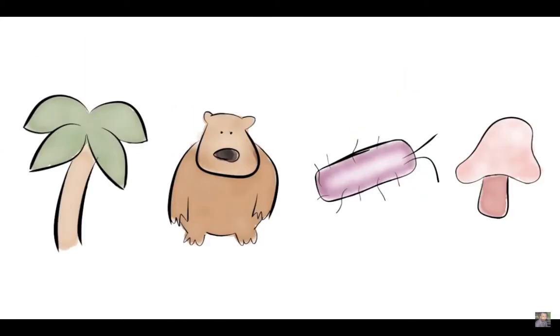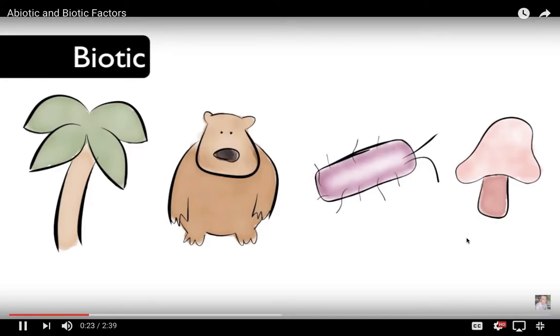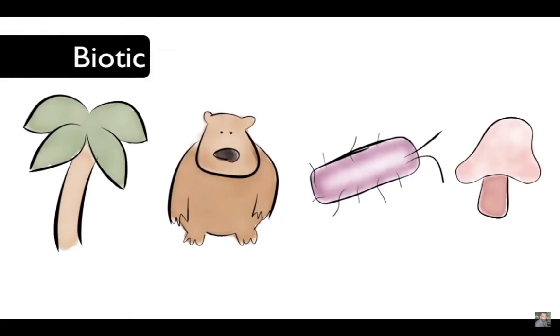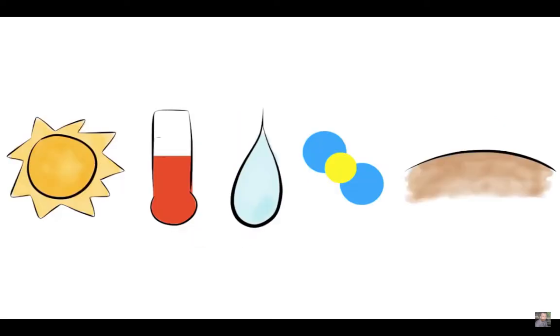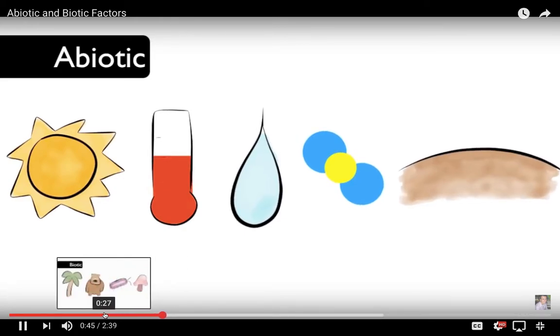Living things in an ecosystem are called biotic factors. Living things include plants, animals, bacteria, fungi, and more. The non-living parts of the ecosystem are called abiotic factors. Some non-living things are sun, temperature, water, atmospheric gases, and soil.